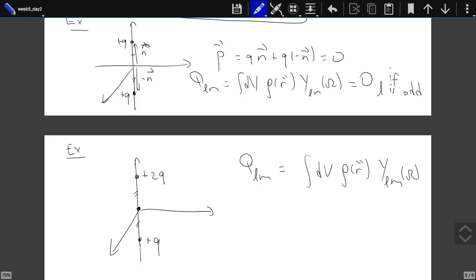So we have plus 2q. Well, if you put it not at the same distance, but let's say in 1:2 ratio, then the dipole moment would be 0, but I don't think the higher moments will be. But for the above case, if I put it at the center, all of them will be 0. Not just L equal to 1.